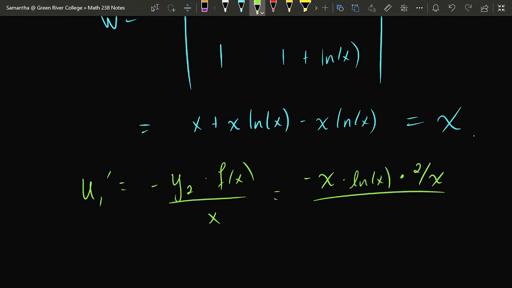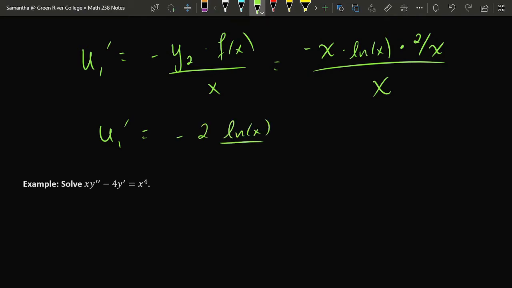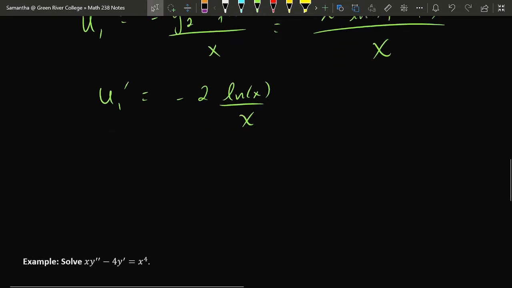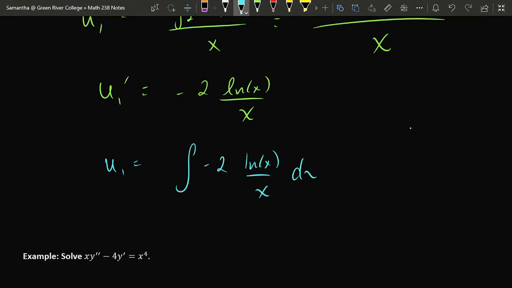And we also have the x coming from the Wronskian in the denominator. So u1 prime simplifies, looks like negative 2 natural log of x over x. Oh, this is blessed. You can tell I didn't write this problem myself, because if I integrate this, then via chain rule, we get negative natural log squared of x.